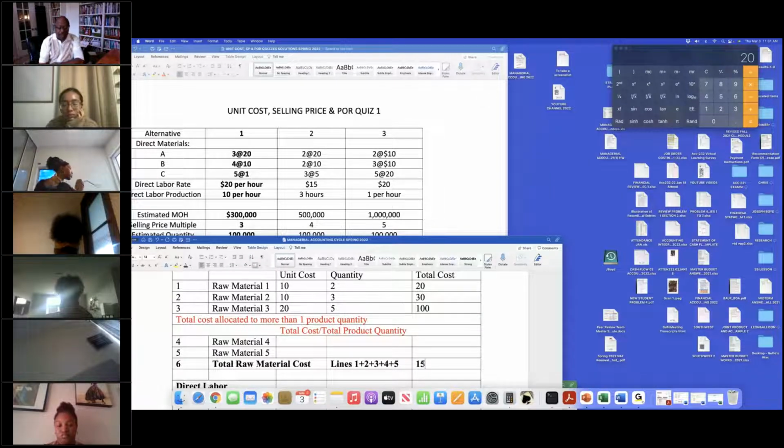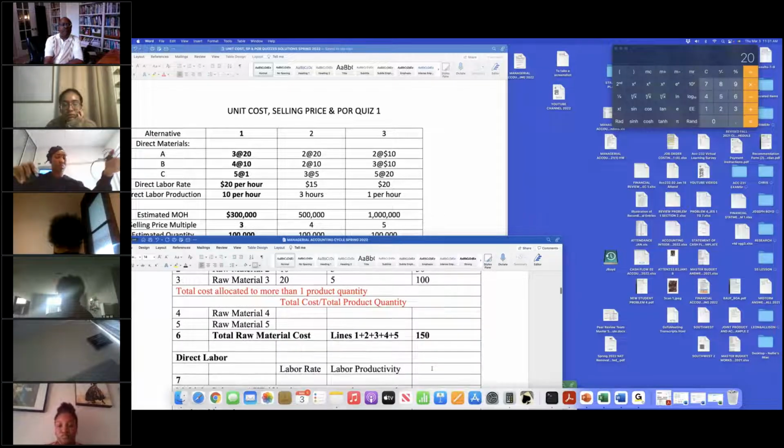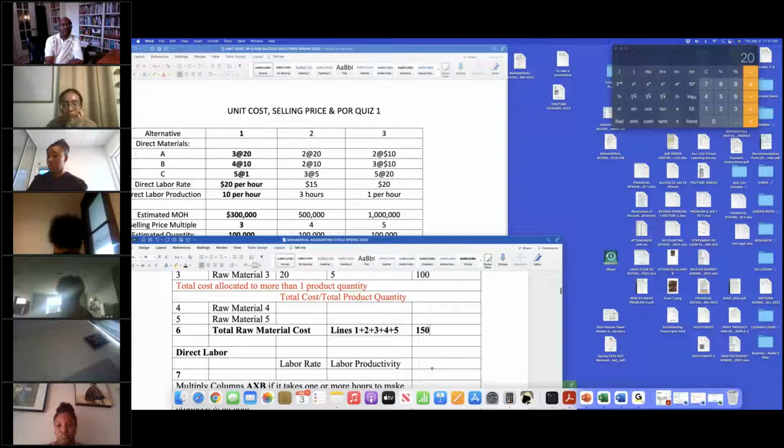All right. Who has this labor cost? I'm under the impression that we divide 1 into 20, or you can multiply 1 by 20. I got 20. That's all it is.